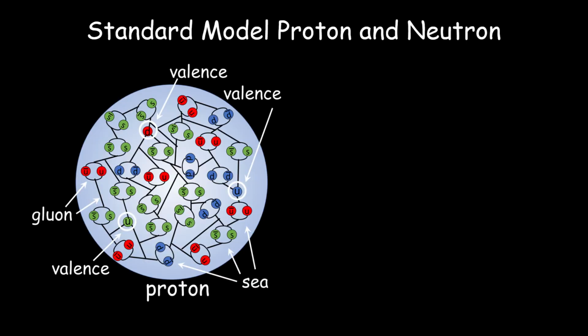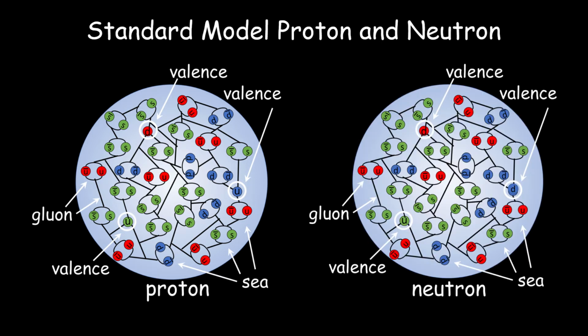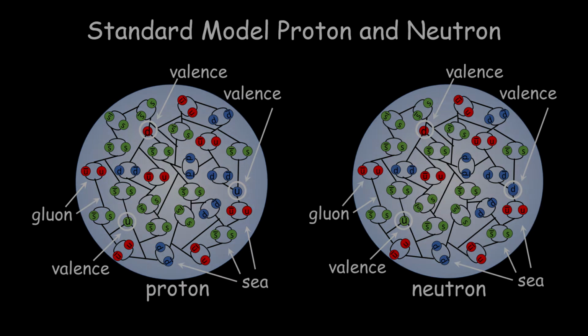With the addition of the gluons, the standard model of the proton was formed. Gell-Mann's 3 valence quarks, 2 up and 1 down, a sea of virtual up, down, and strange quark-antiquark pairs, and a collection of chargeless gluons holding it all together. The neutron model is similar to the proton model, except the 3 valence quarks are 2 down quarks and 1 up quark.